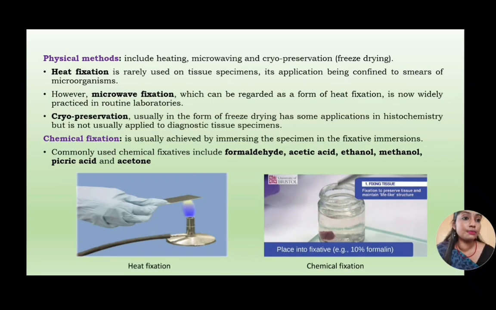This can be achieved by immersing the specimen or the tissue in the fixative chemical, or fixative immersion. The commonly used chemical fixatives are formaldehyde, acetic acid, ethanol, methanol, acetone and picric acid. Here in the image below, you can see how the tissue is placed in 10% formalin so that the tissue gets fixed to maintain that lifelike state.